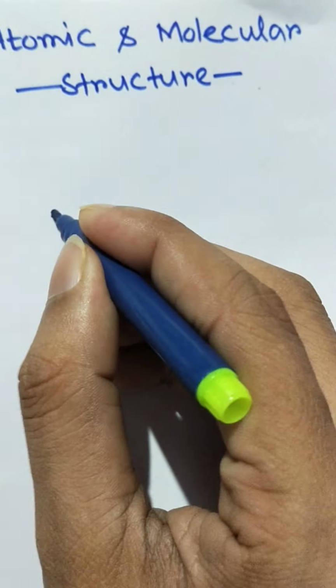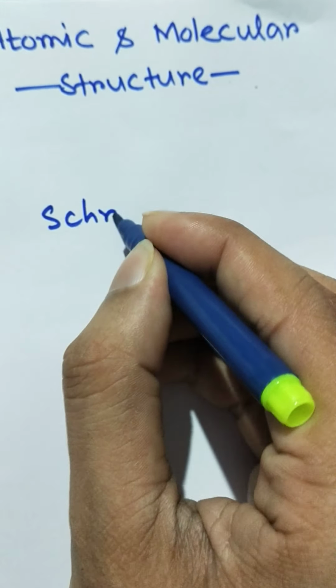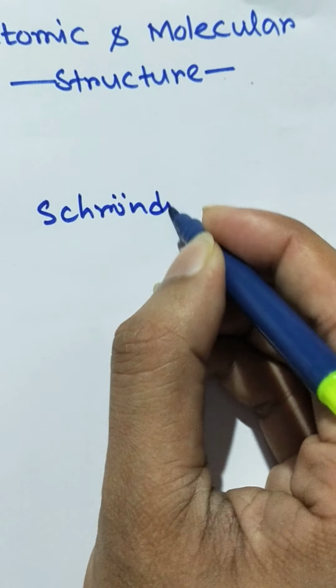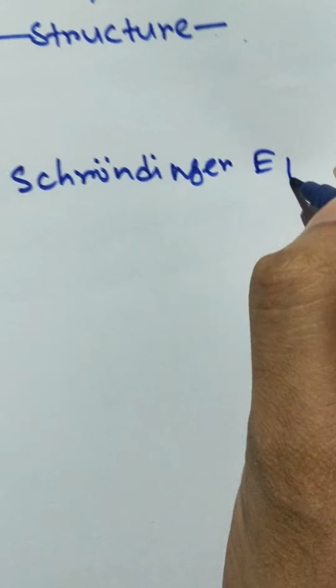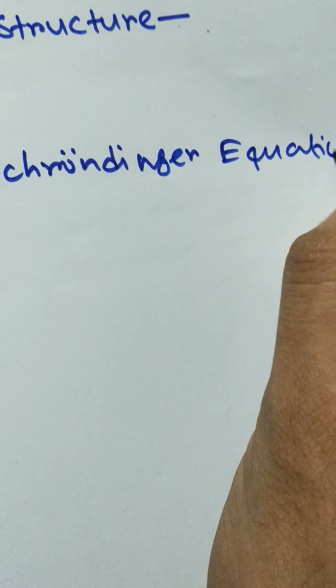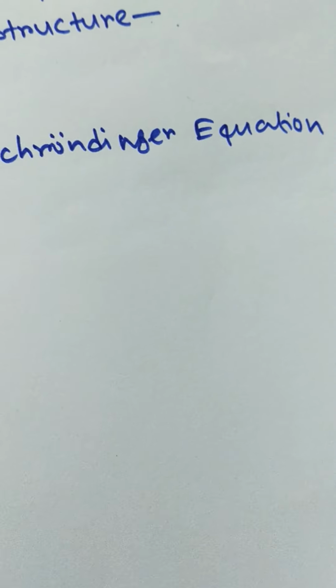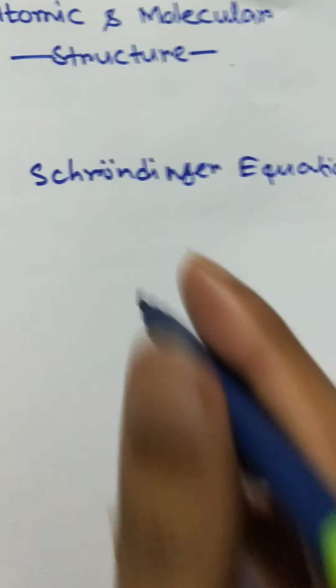Today I discuss a small but most important portion of atomic and molecular structure, that is the Schrodinger equation.